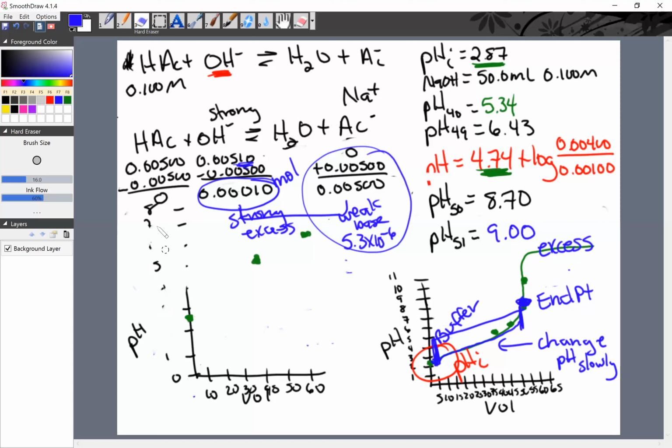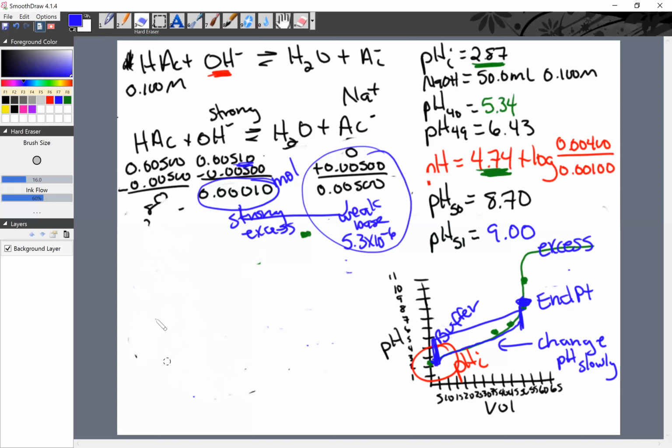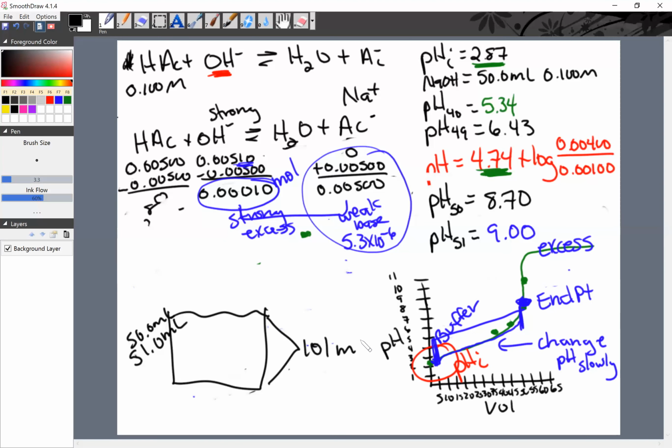All right, let's ask ourselves, we're at 51 milliliters. What is floating around in my beaker? Okay, so I had my original 50. I have 51 of my sodium hydroxide. So right now I have 101 milliliters.